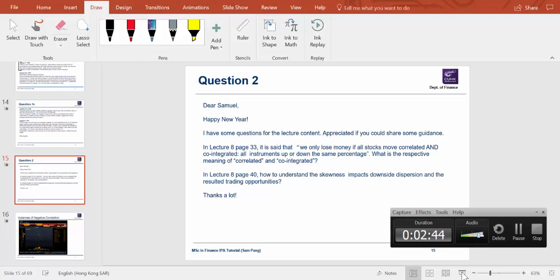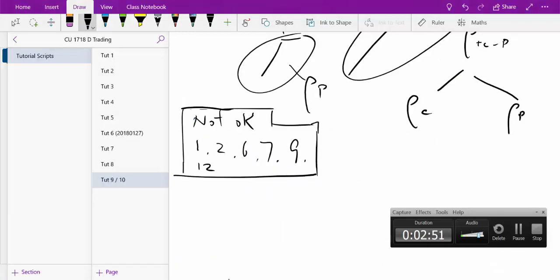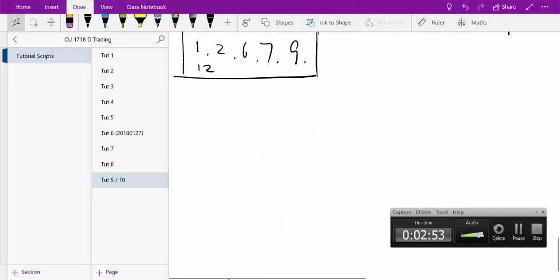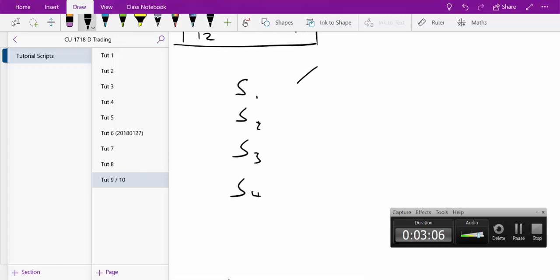Now, with dispersion trading, there are two key points. Key point number one is that when you have a basket, you've got stocks 1, 2, 3, and 4. If you are lucky and 2 of them go up and 2 of them go down, then the index doesn't do anything, okay?